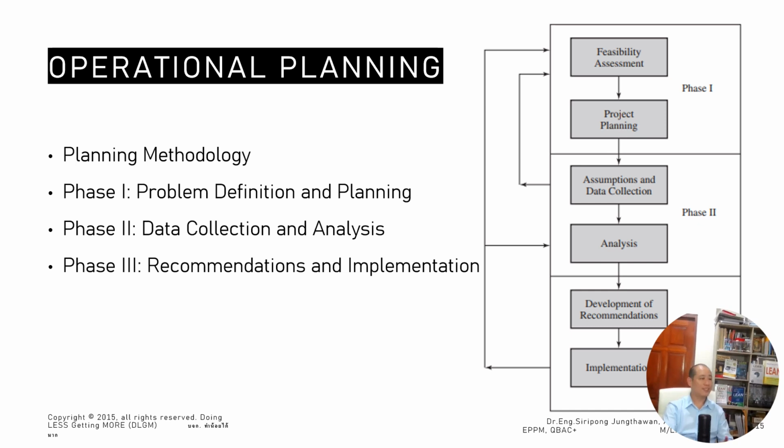Then you analyze the data and financial model, and then you present to your executives in a developed recommendation, and then you get feedback from them and decide the last choice or the last alternative for implementation. That's here for operational planning.